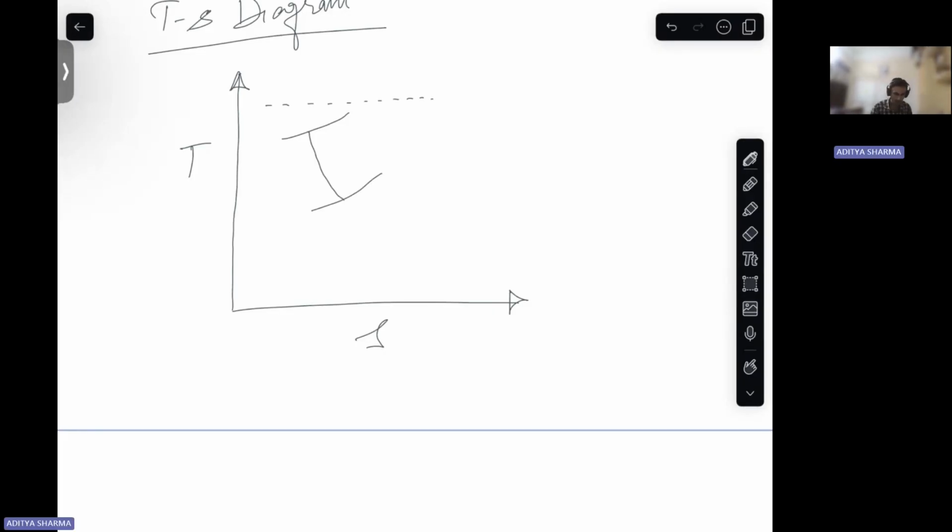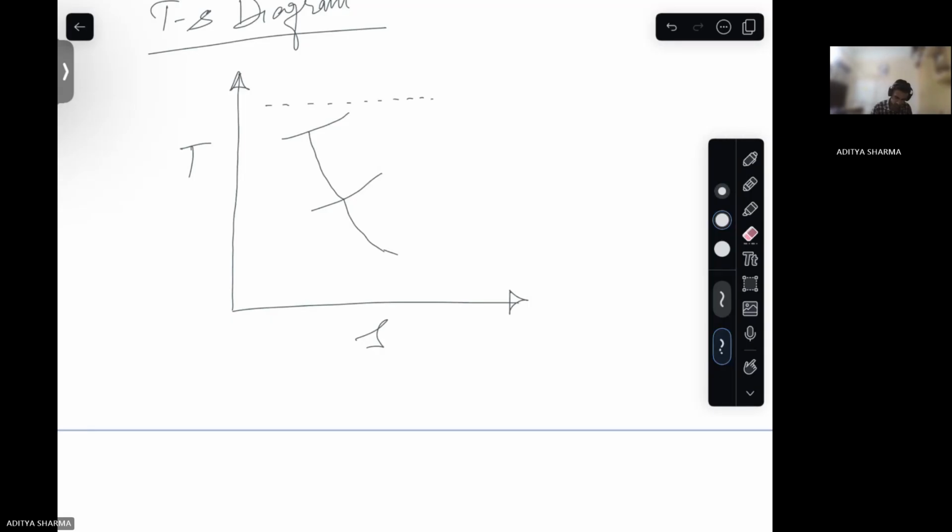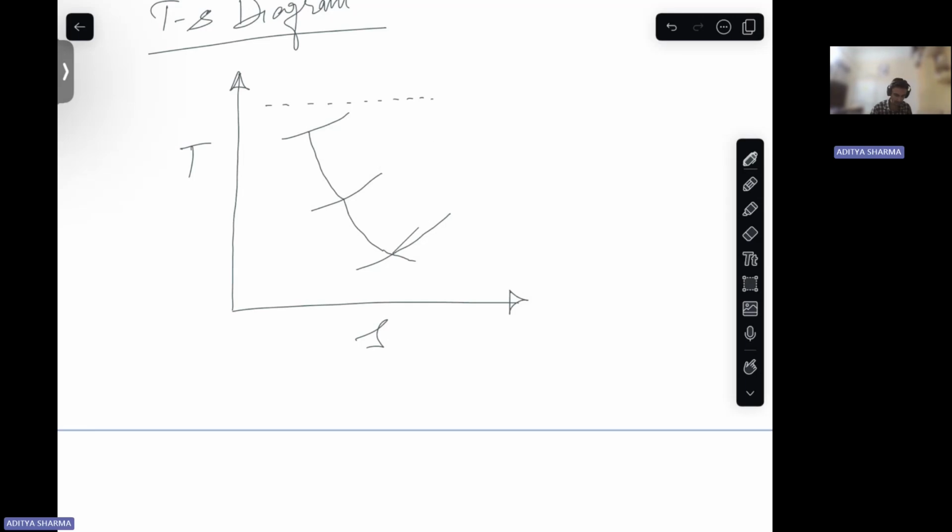Then across the impeller, we have this. This is for your diffuser.